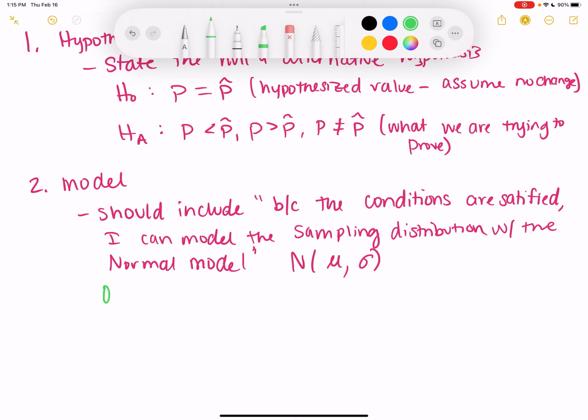So we use the one proportion z-test, or it'll be called one prop z-test on your calculator.